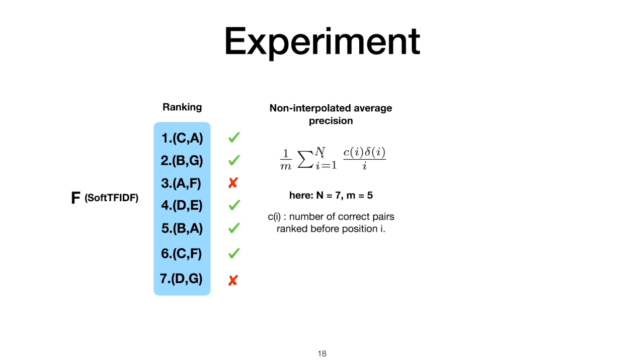N is the number of candidates, and M is the number of matched pairs. Ci is the number of correct pairs ranked before position i, and delta i is 1 if it is correct at position i, and 0 otherwise. So for this example, we have the non-interpolated average precision as shown on the right.